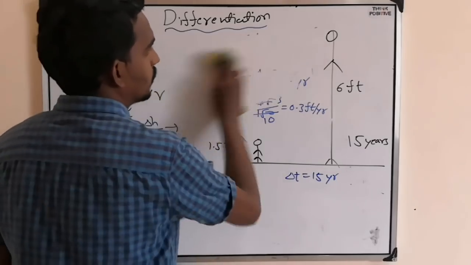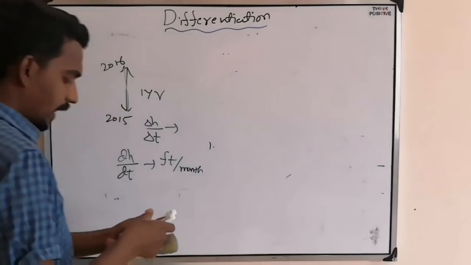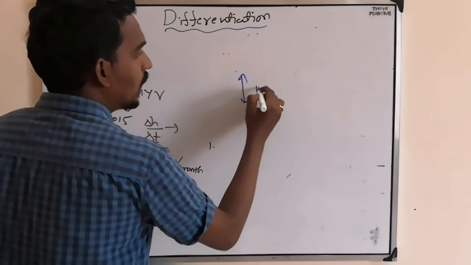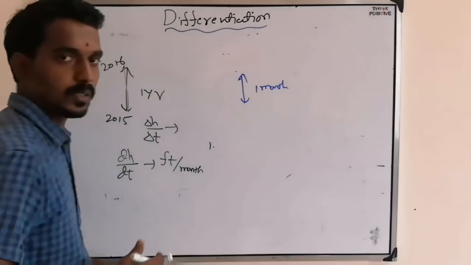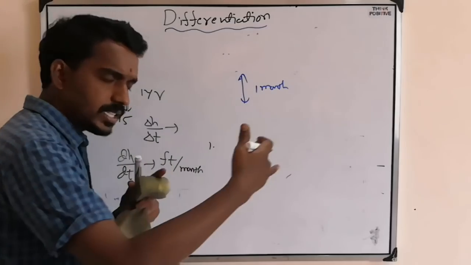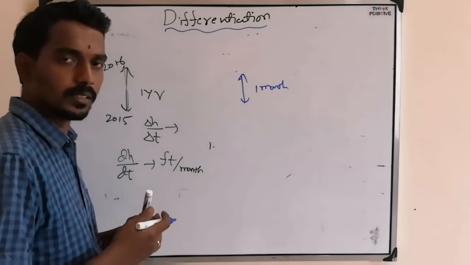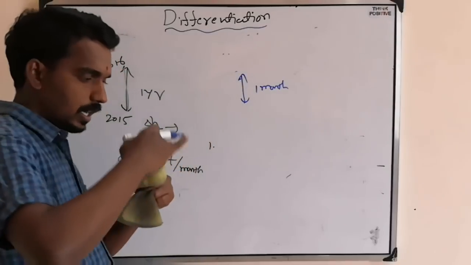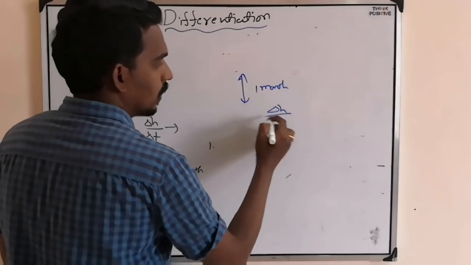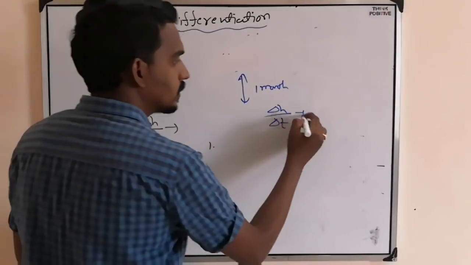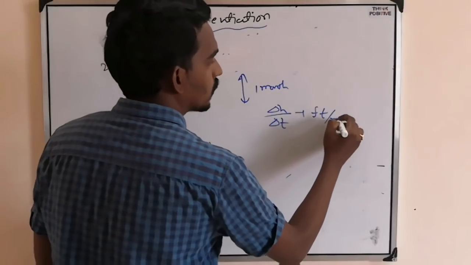Or if you take the whole month, 1st to 30th, as the average, then it is something foot per month.